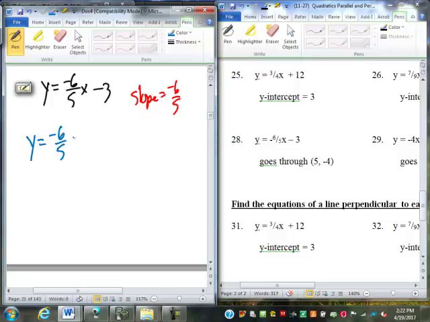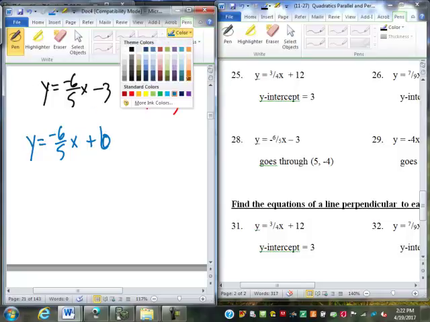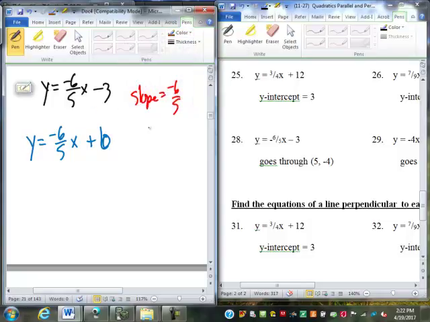Perfect. For a parallel equation, that'll be our slope. So y equals negative 6/5 x plus b. Now we don't know b. How are we going to find it then in this case? Perfect. That point, it goes through 5, negative 4. Which one goes in for y? Negative 4 goes in for y. Good. And for x?